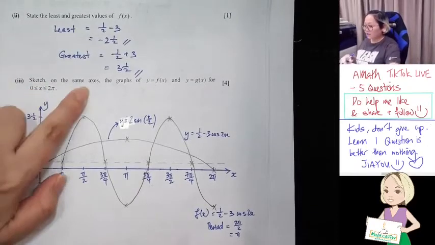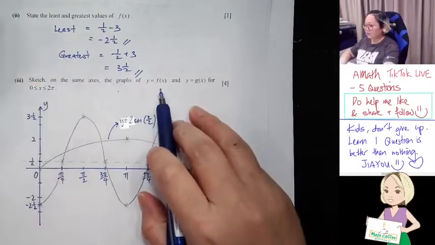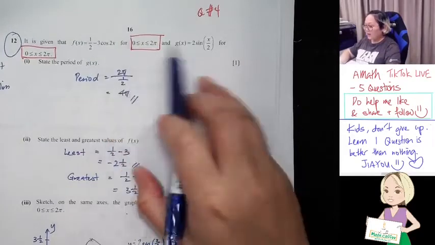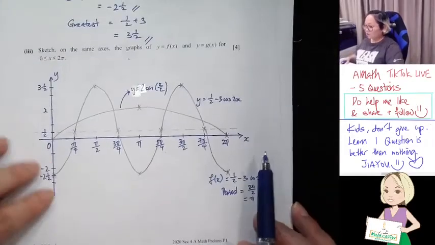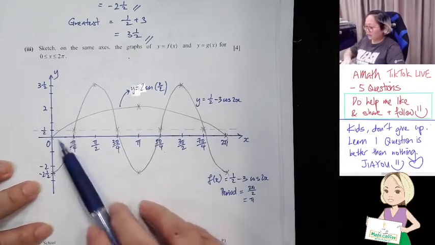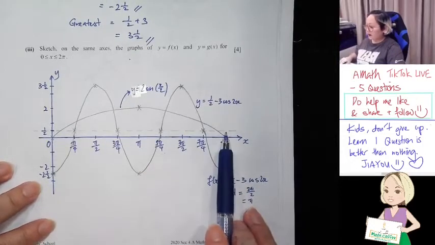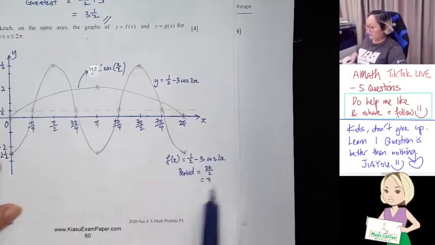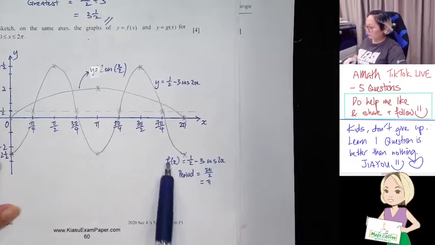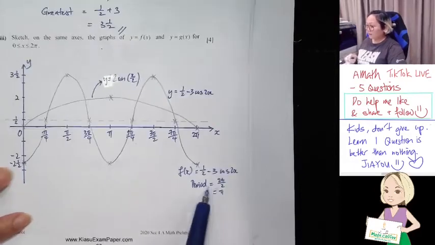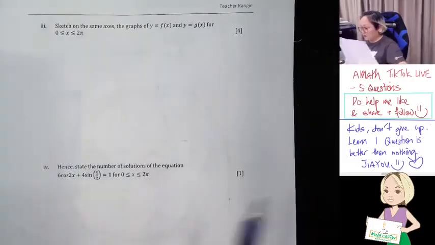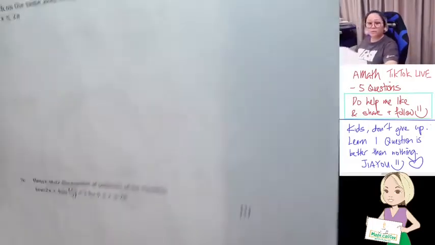They say sketch on the same axis the graph of the cosine and the sine. So you draw step by step. Look at the sine graph. Over here at the side I actually put the amplitude. Oh sorry, this one is the cosine graph. Wait, give me a moment.